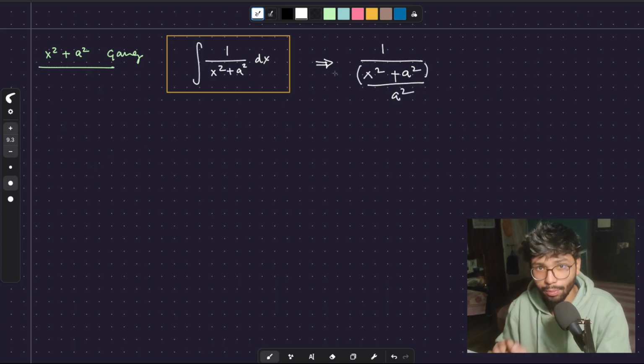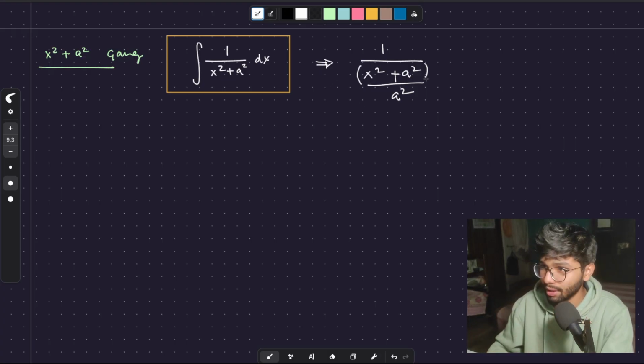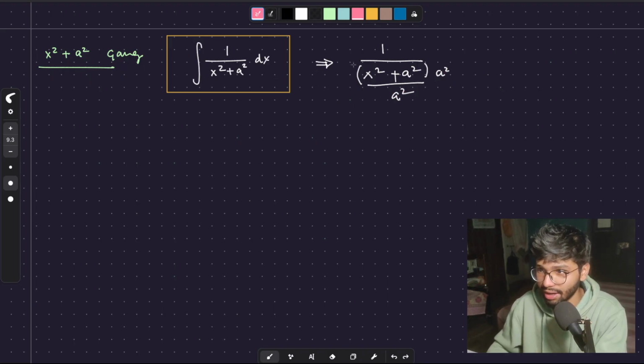And to keep things equal, we've got to multiply the numerator by a squared, because we are just doing some algebra, manipulating things so we can cancel them out. Everything is the same. I mean, the integral is not, but this and the original fraction are equal.